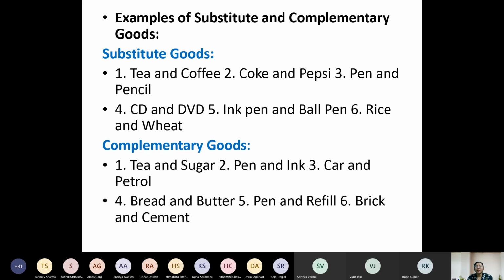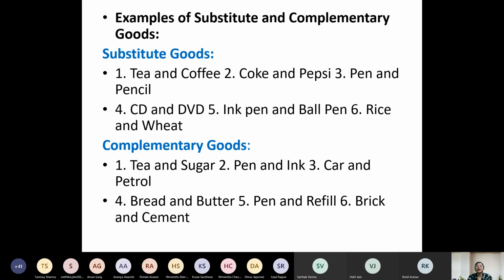Or if we have to write, pen and pencil का utility क्या है? So what is the utility or the satisfaction derived from a pen or pencil? It is same. That is we have to write. So if price of pen increases, so you can shift to the substitute good, that is pencil, or maybe tea and coffee, or CD and DVD.